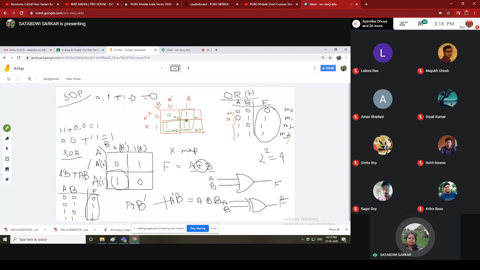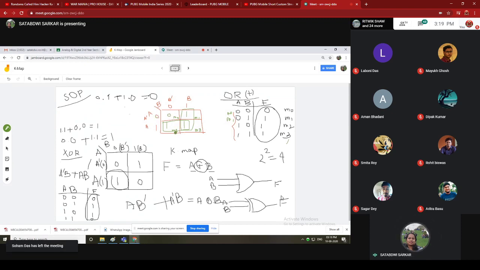For these two cells, M1 and M3, the value of B is 1. The value of A is changing for M1 and M3, because the value of A is row wise. For this row, M0 and M1, the value of A is 0.